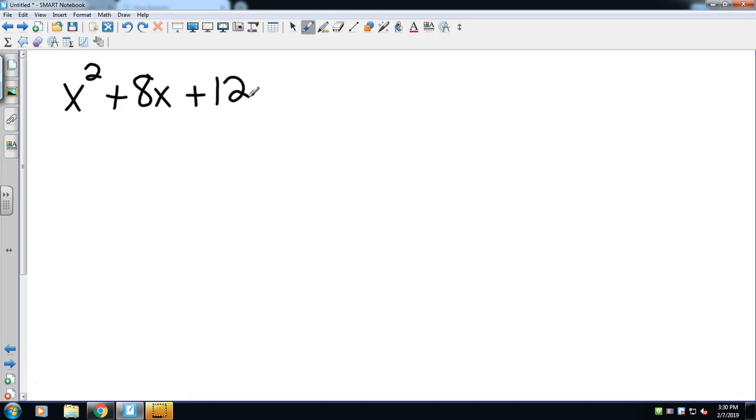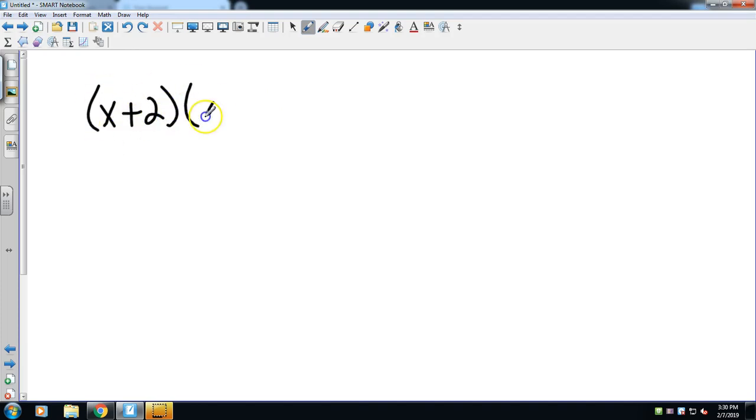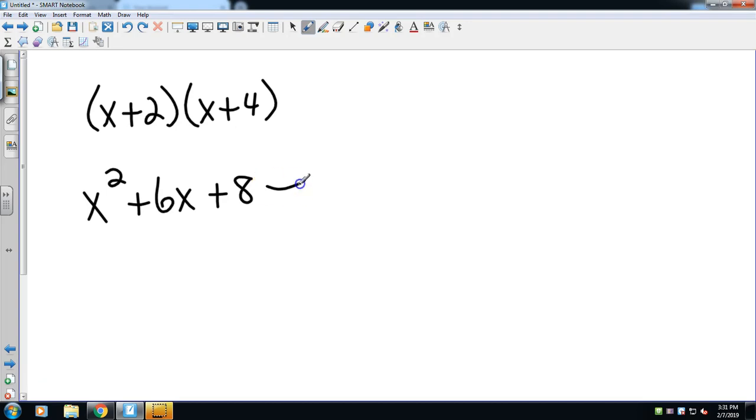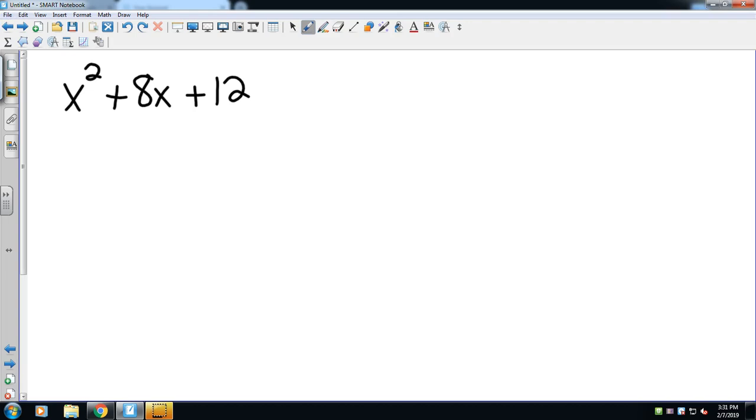If you'll remember, a couple sections ago we did the FOIL method and the distributive property method, where we would take something that looked like this and multiply it together and get something that looked like this. Now we're going to take this trinomial and go backwards and make it look like two binomials. So here's how we do it.